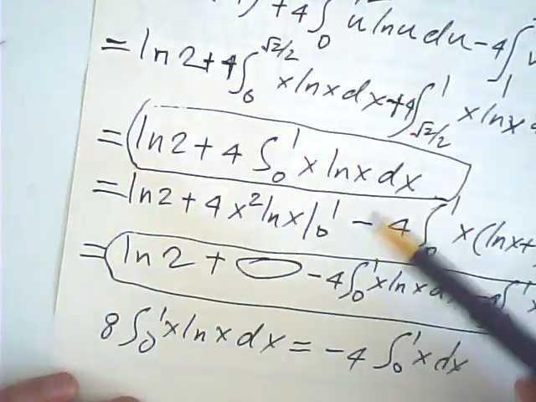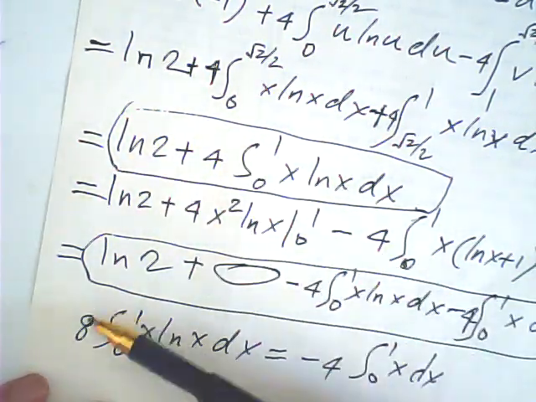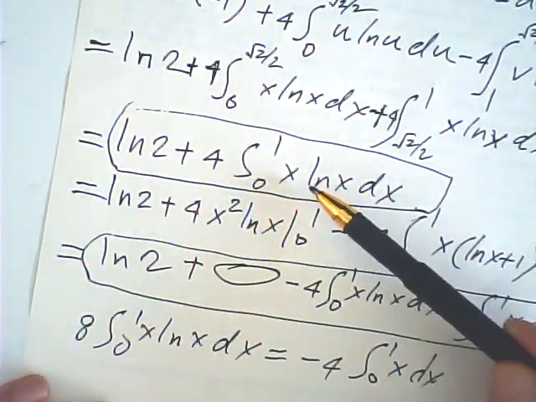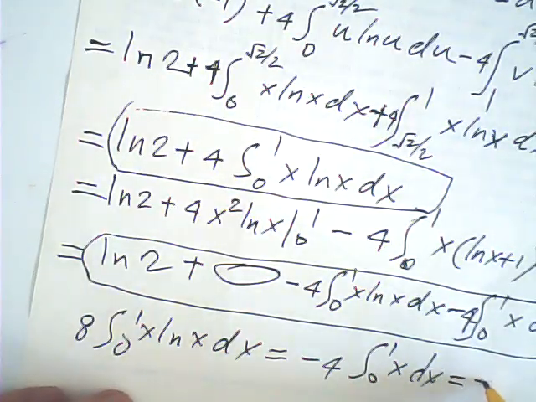This is equal to minus 4 times a half x squared from 0 to 1, right? So this one is equal to negative 2.